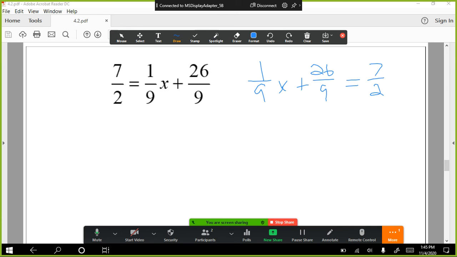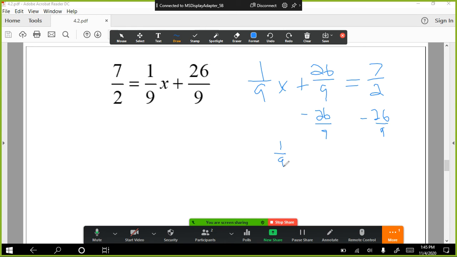You can always just flip the equation around. I'm not changing anything. I'm just putting what was on the left on the right, and what was on the right on the left. But I would still subtract 26 over 9 from both sides.